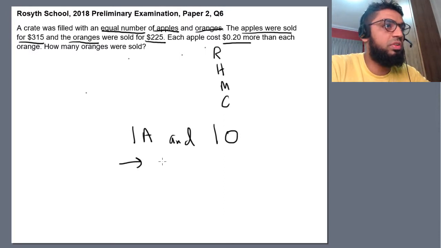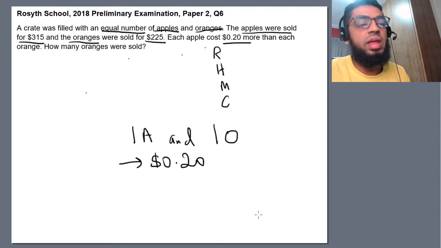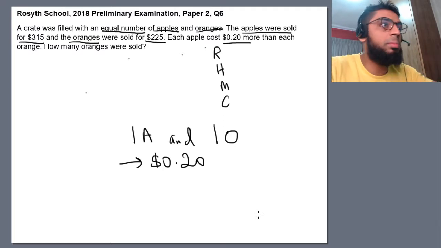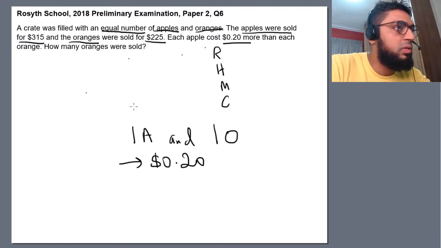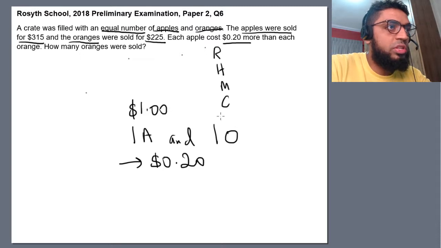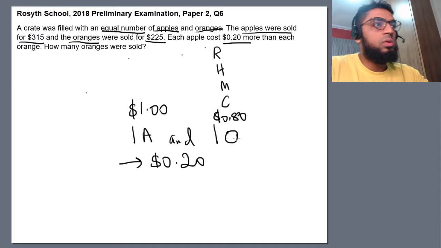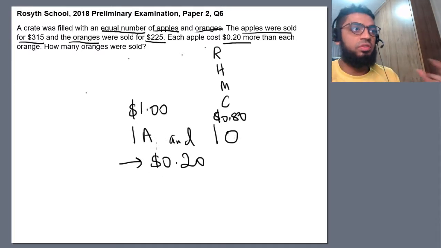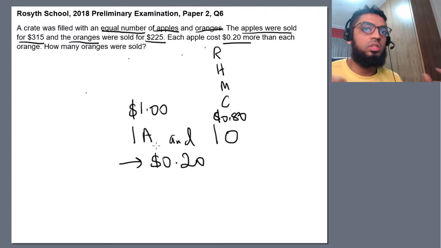The price difference is as simple as 20 cents, because it's just 1 apple and 1 orange. And let's say, for example, the apple costs $1 and the orange costs 80 cents. Which means that if I have sold 1 apple and 1 orange, the total price difference will be 20 cents.